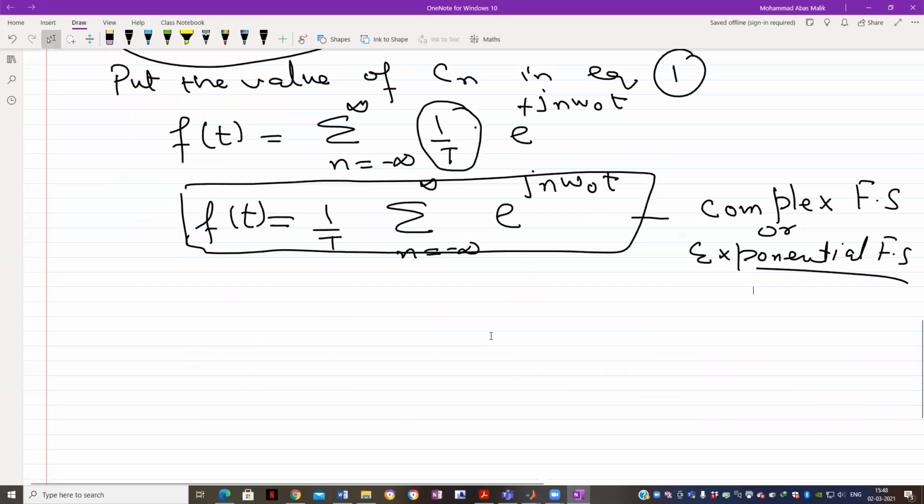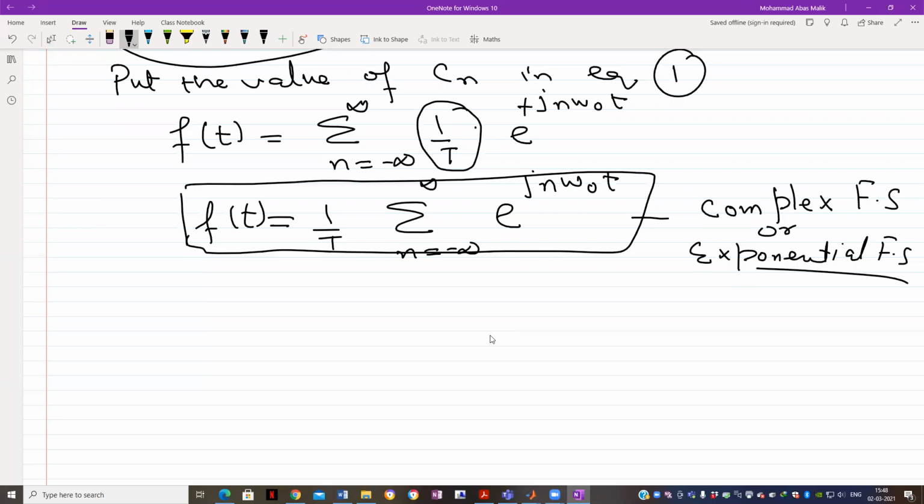Now suppose you have the question B part, maybe convert this to trigonometric Fourier series. So you have been given the expression of the complex Fourier series, you have to convert this to trigonometric Fourier series. So what will you do?